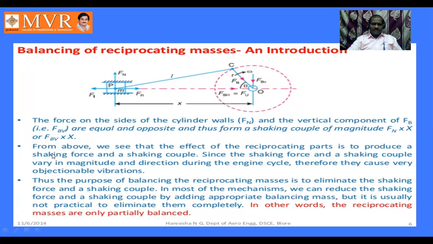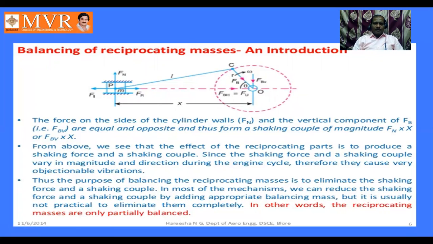From above, we see that the effect of reciprocating parts is to produce a shaking force and a shaking couple. Since the shaking force and the shaking couple vary in magnitude and direction during the engine cycle, they cause very objectionable variations.